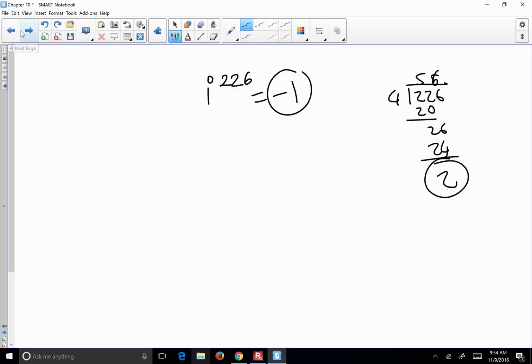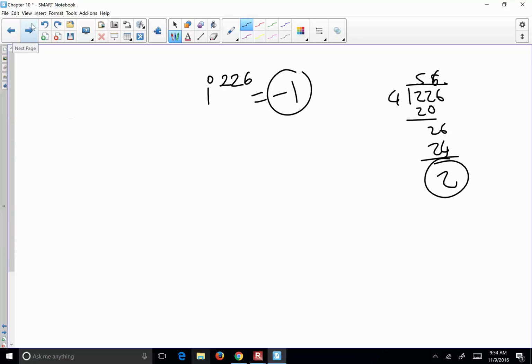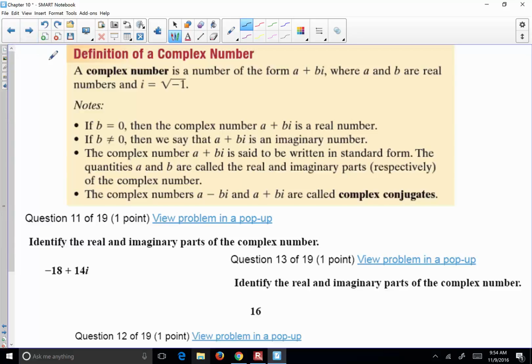Now, the title of this section is complex numbers, but I didn't speak anything about complex numbers yet. All we talked about was i. A complex number is a number made out of i's. How? It has 2 parts. A real number, the numbers you're used to, the whole number system we've been dealing with all semester.